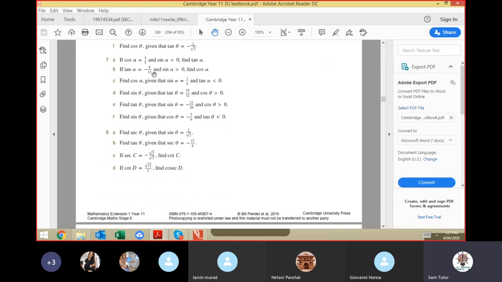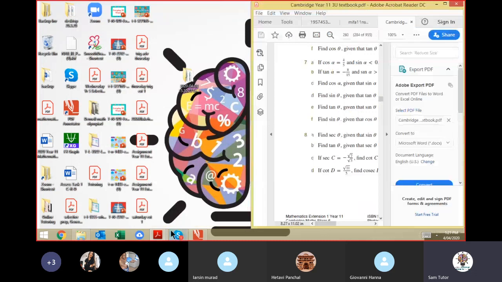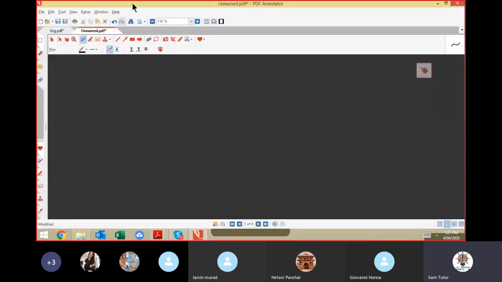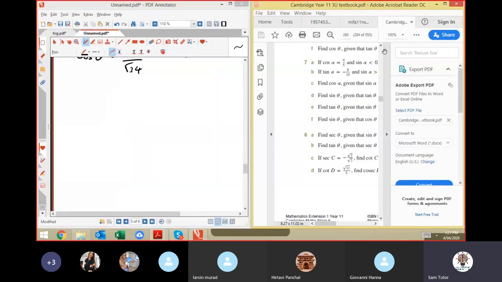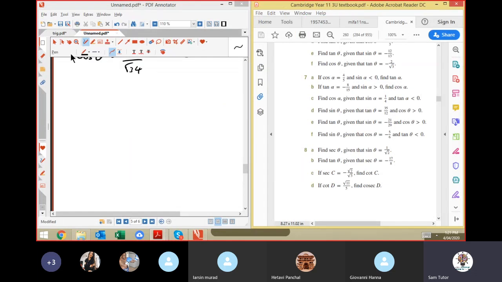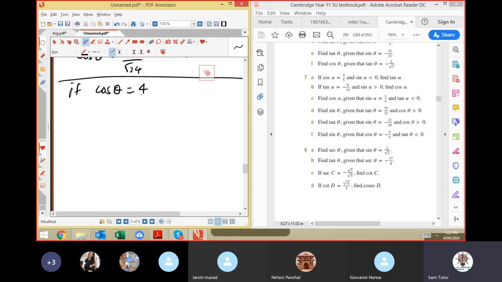Let's do maybe these ones. If cos theta equals 4/5 and sine theta is less than 0, which means it's negative, find tan theta.